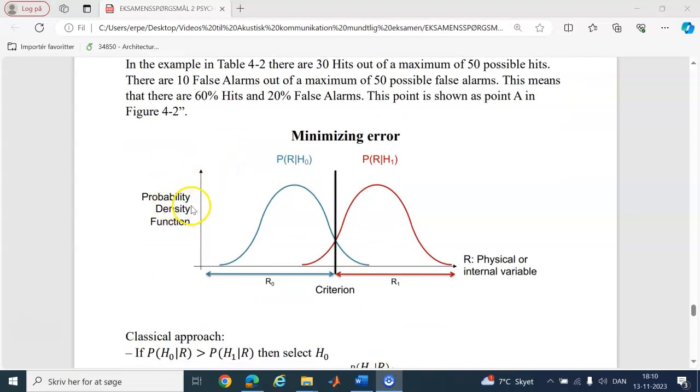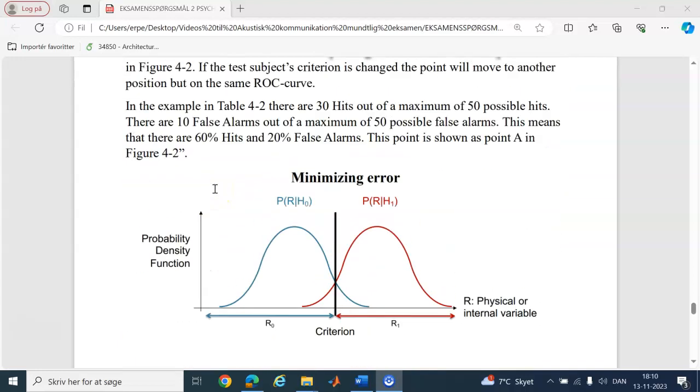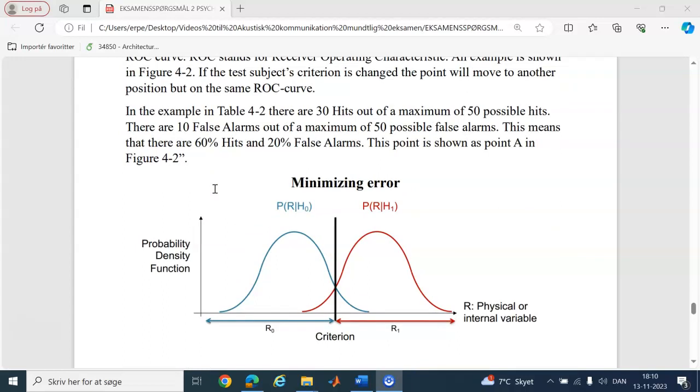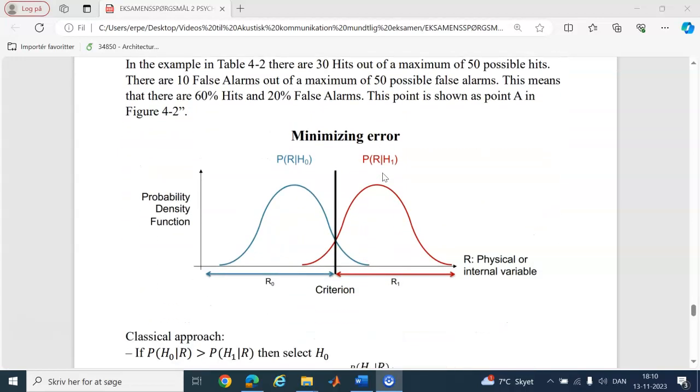We have the probability density function. Now we call it the right way, probability density function. And we have those two, P(R|H0) and P(R|H1). If the criterion is in the middle, those two curves are intersecting and they have equal form, and the criterion is just in the middle, we are minimizing the error.